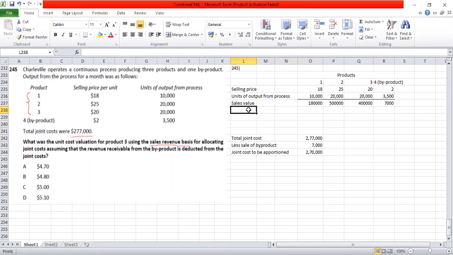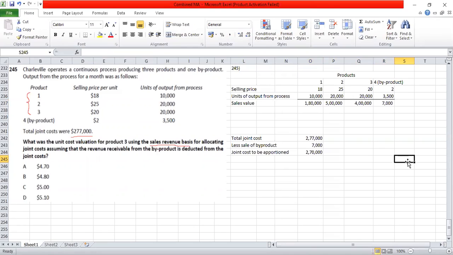So how would they be apportioned? The 180 is to 500 is to 400.